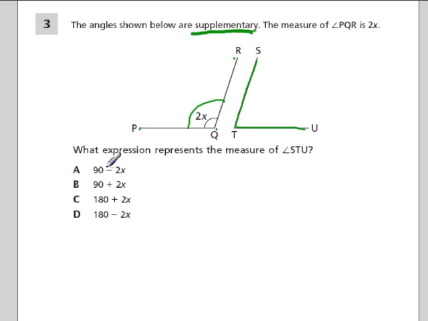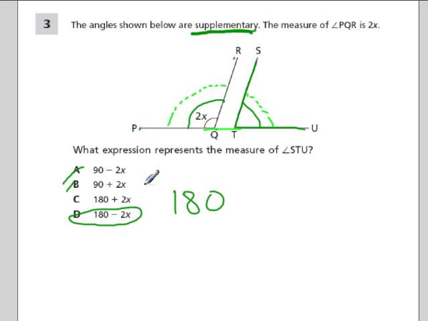So what do we have here? Well, I wouldn't choose A or B because 90 deals with complementary angles. Here, 180 minus 2x seems the most friendly to me because I know if I had a 180-degree angle and I wanted to find out this missing piece, I could picture it almost as one big 180-degree angle.